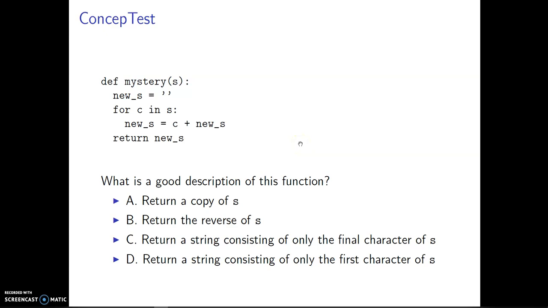So really think about it. Or is it going to return a string consisting of only the final character? Or is it going to return a string consisting of only the first character? Go ahead and make your prediction. I really recommend thinking through it. If you're really not sure after you've thought through it, go ahead and code it and see what you get. We'll talk about this one in class too.